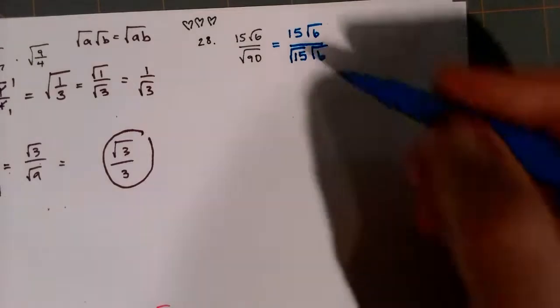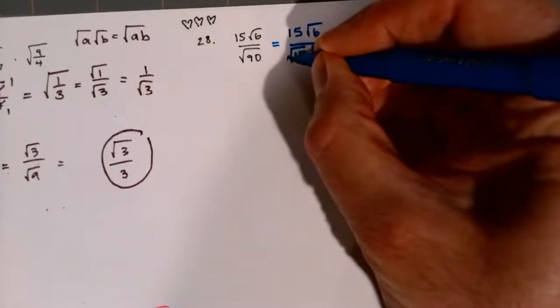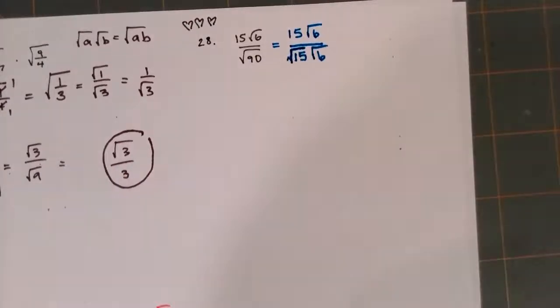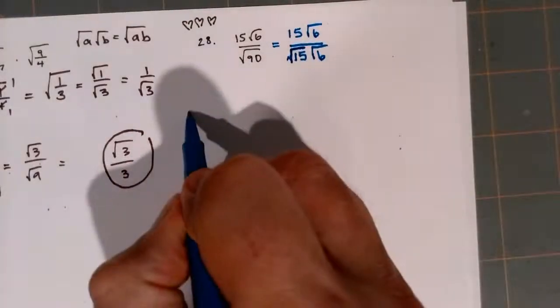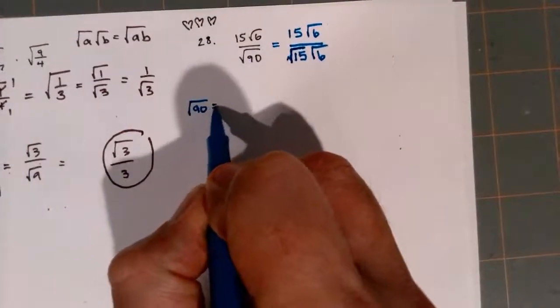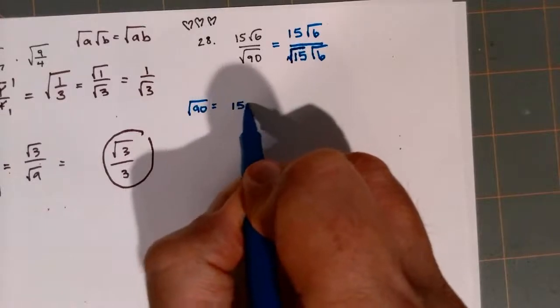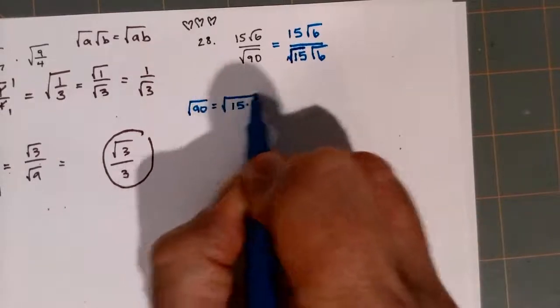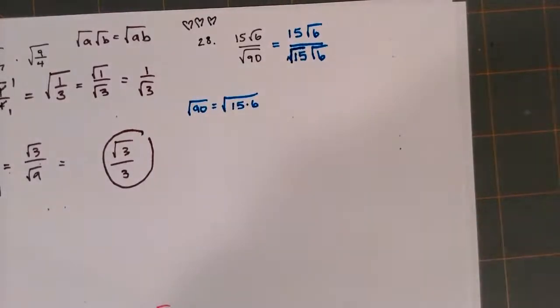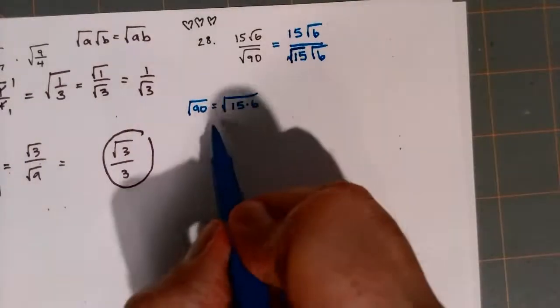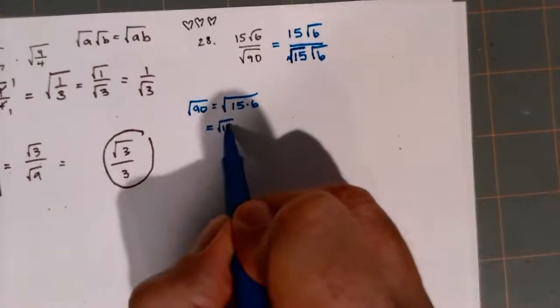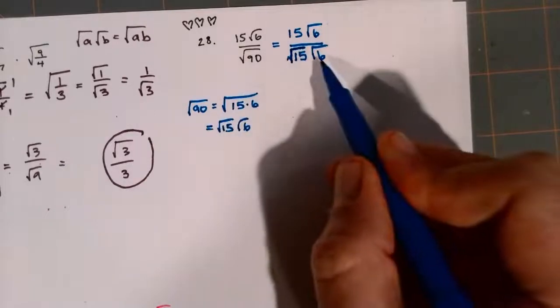But this is the important place for you to end up. So I have root 15. So again, if maybe you don't understand, right? So root 90, well, 90 is equal to 15 times 6. So root 90 is equal to root 15 times 6, which is equal to root 15 times root 6, which is where I got there.